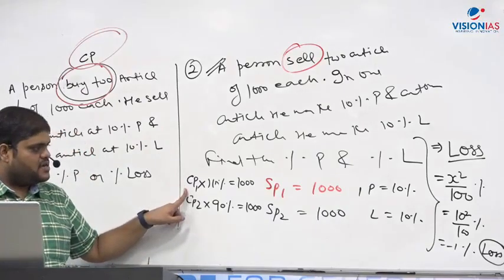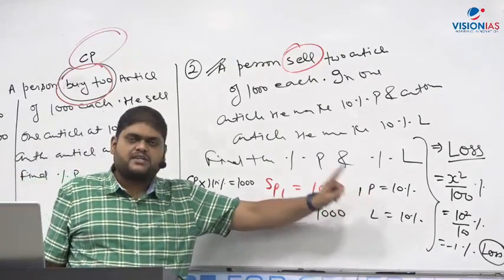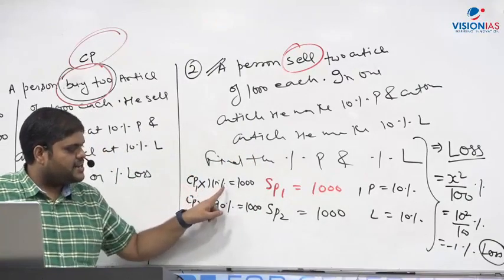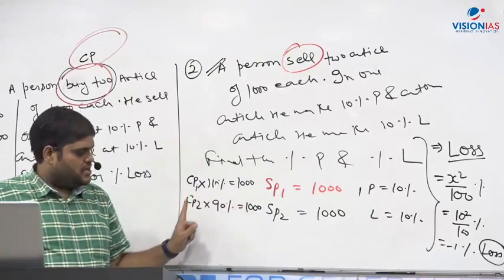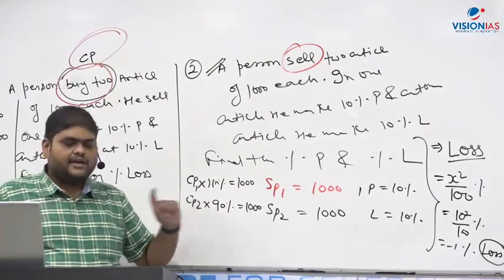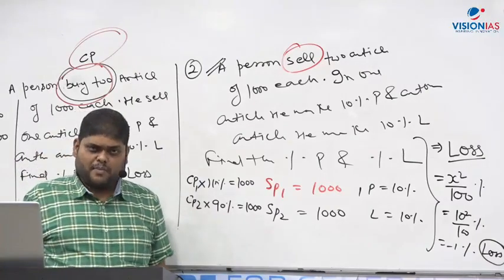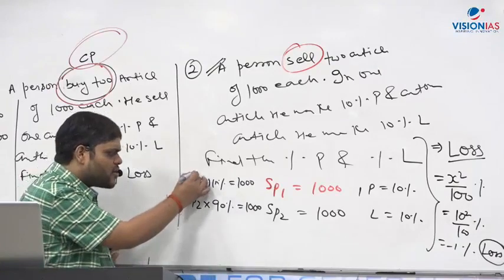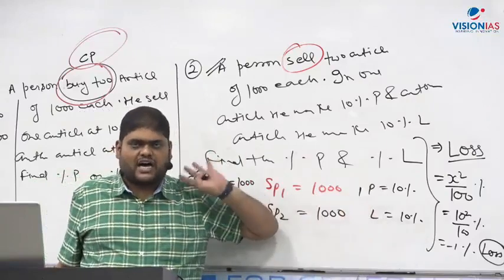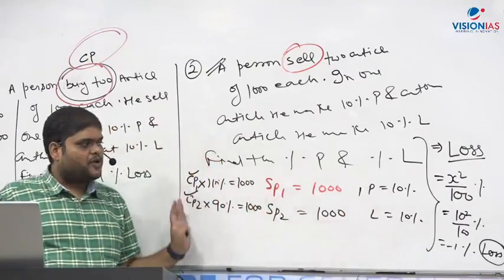Cost price, and there is a profit of 10%, that means an increment of 10%. This becomes 110% is equal to 1,000. Similarly, loss of 10%, this becomes 90% is equal to 1,000. You can calculate the cost price, the profit and the loss, and find the answer, but this is a lengthy process.